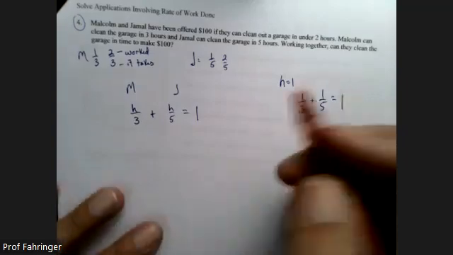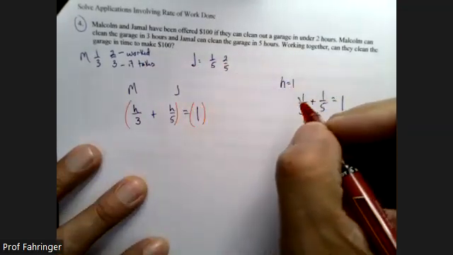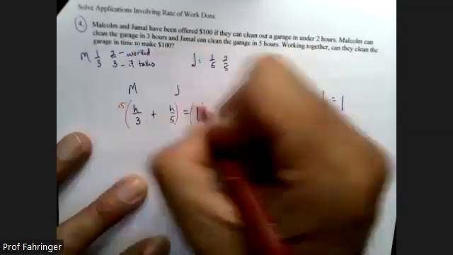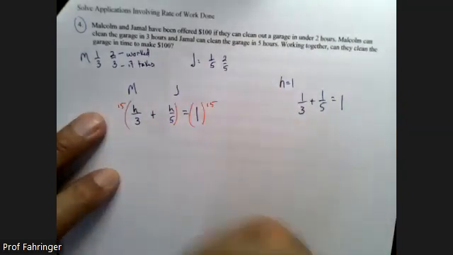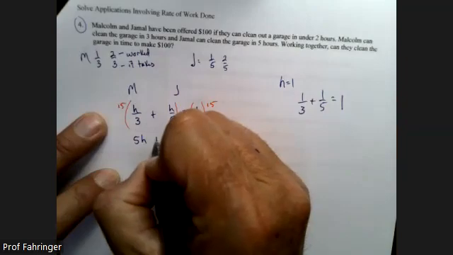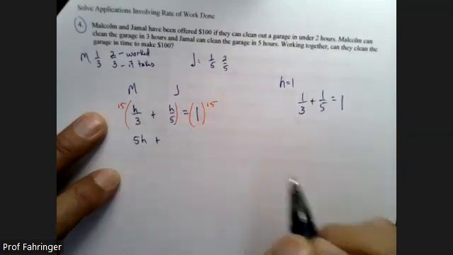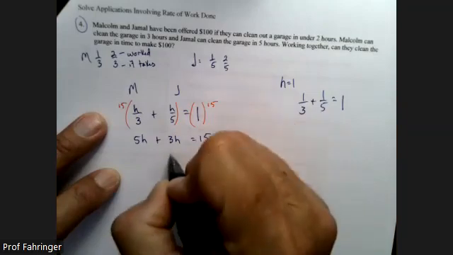Hopefully some of you are off and running. You're saying clear the denominator again, 15 and 15. 15h over 3 is going to give me 5h, plus 3h equals 15.